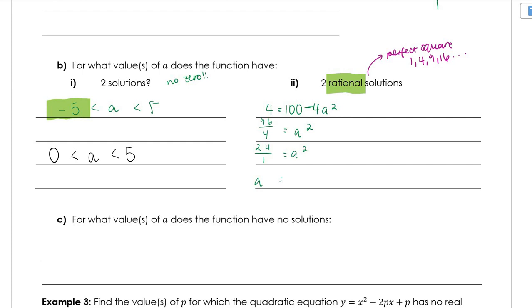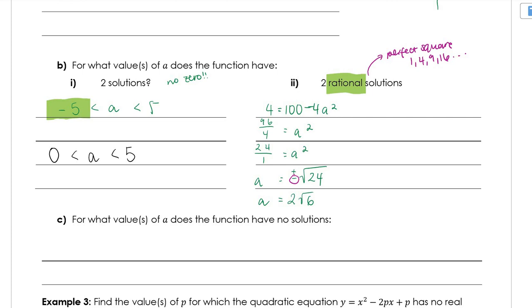So a is equal to the positive or negative square root of 24. Now remember, we can't have that negative due to a being a positive integer. So a is going to be equal to the positive square root of 24, and we can pull out a square of 4 from there, so we end up with 2 square root of 12. Not square root of 12, square root of 6. So 2 root 6 is one of our a values, which would give us a rational solution.